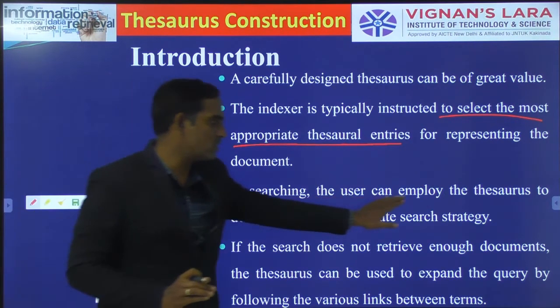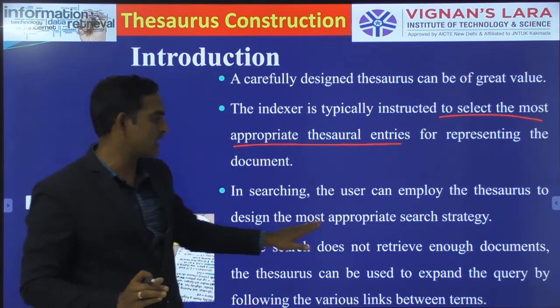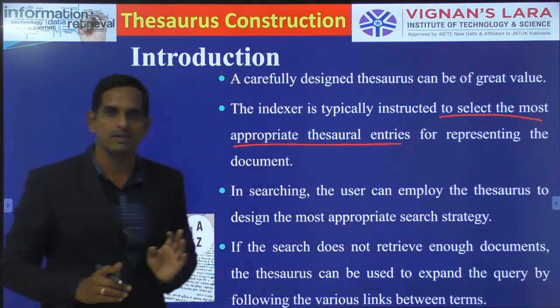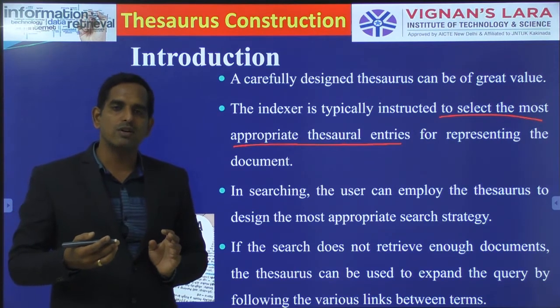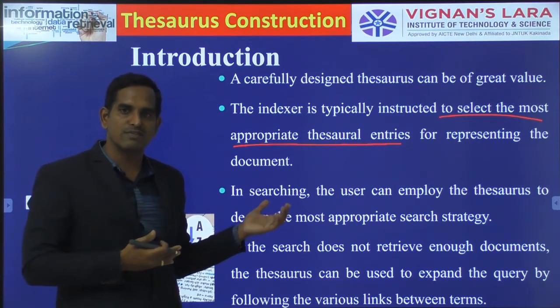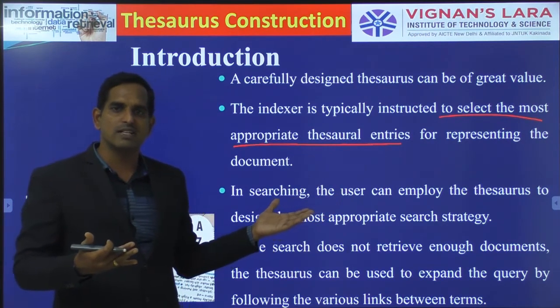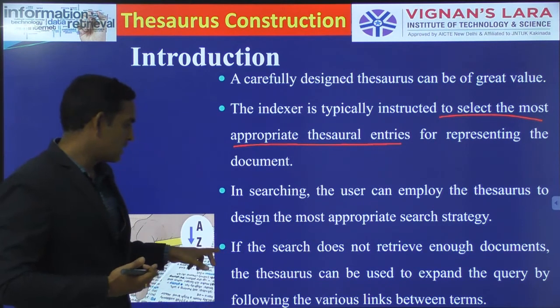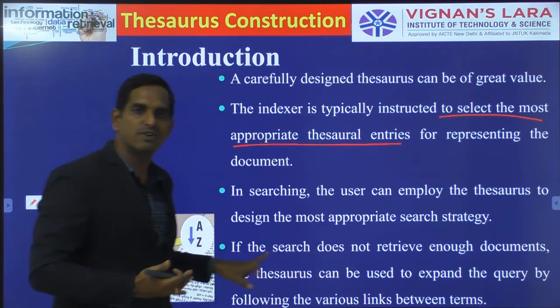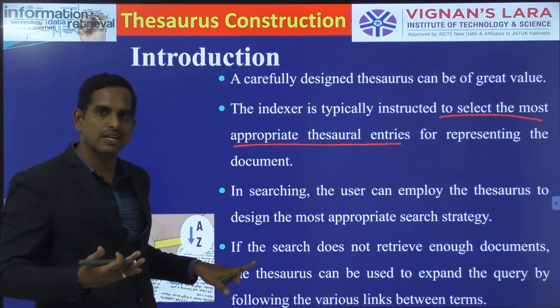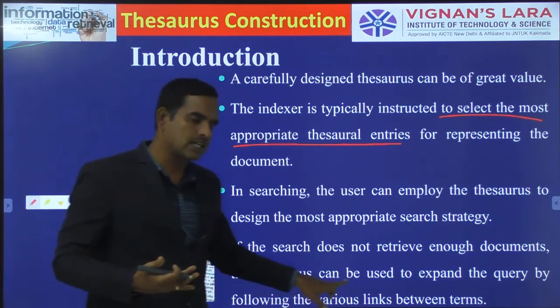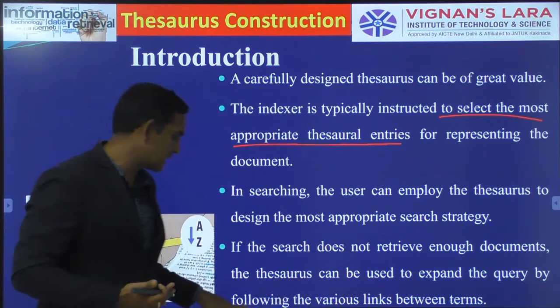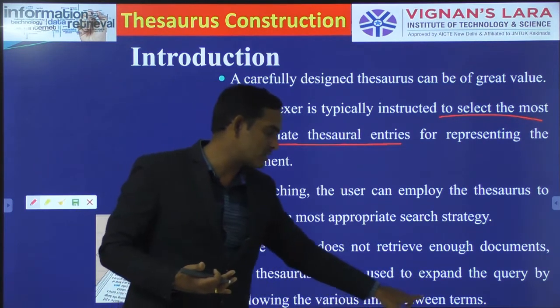Next, in searching, the user can employ the Thesaurus to design the most appropriate searching strategy. While performing searching also, the user can modify the searching strategy based upon the Thesaurus usage. And if your search is not retrieving enough documents, the Thesaurus can be used to expand the query by following various links between the terms.